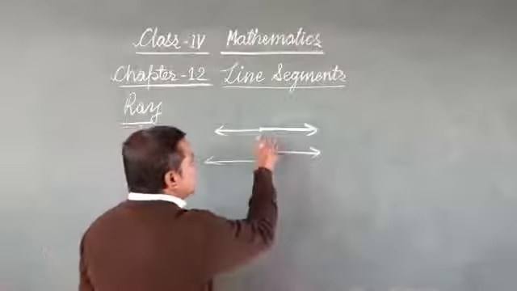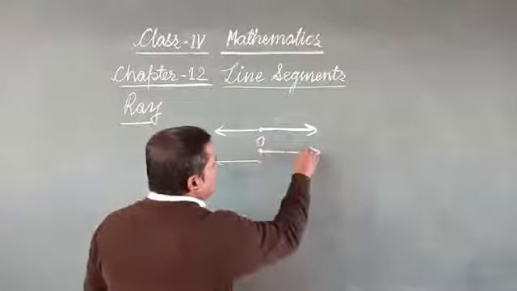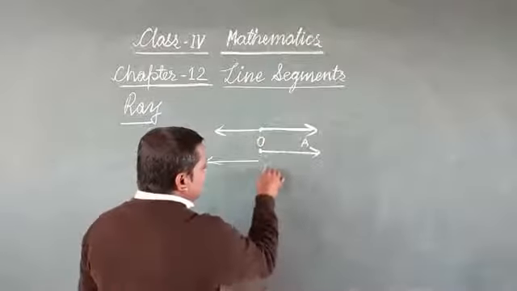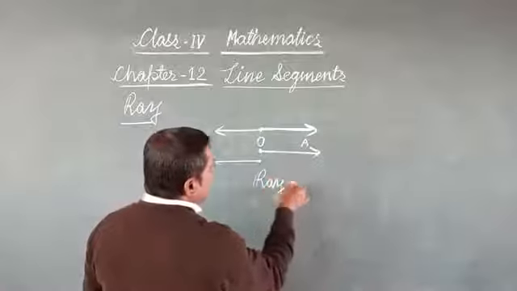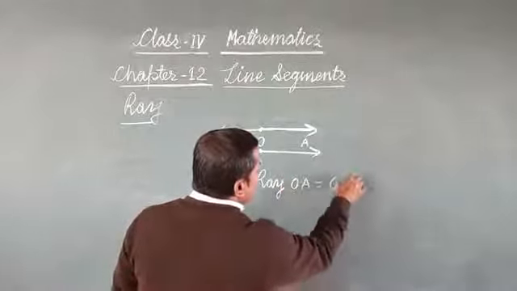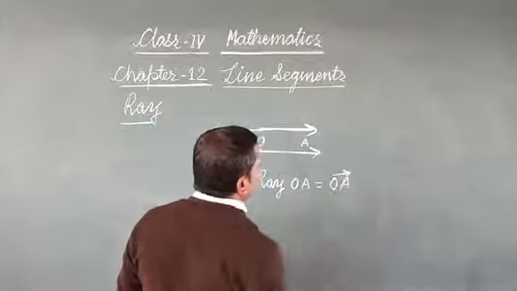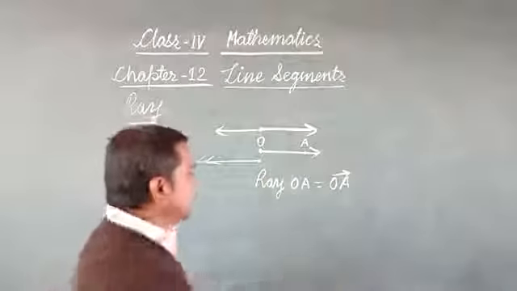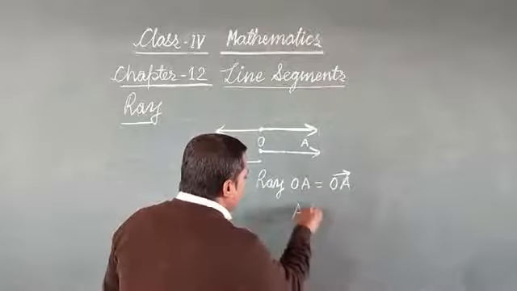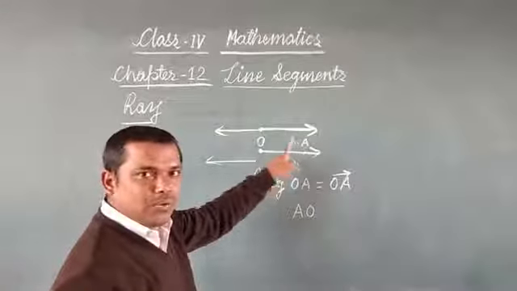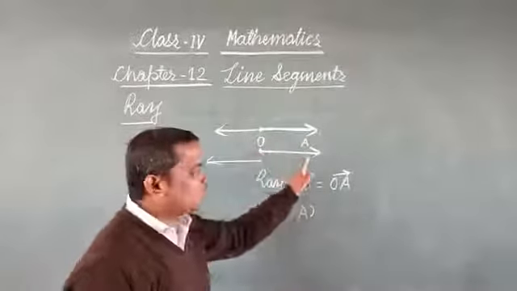This is the initial point, so I am taking O, and one more point I am taking on it, that is A. So I can write ray OA, with a ray symbol above it. Remember, we cannot write AO, because the initial point we have is O, not A.